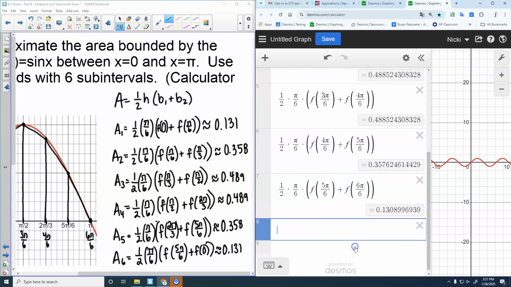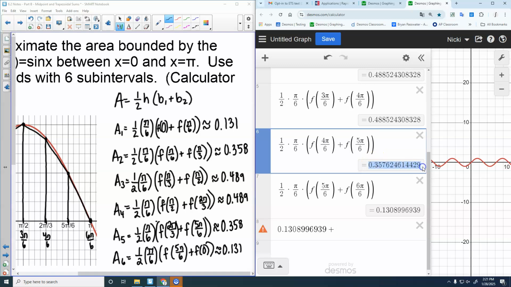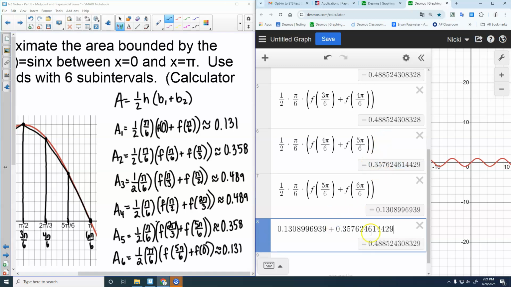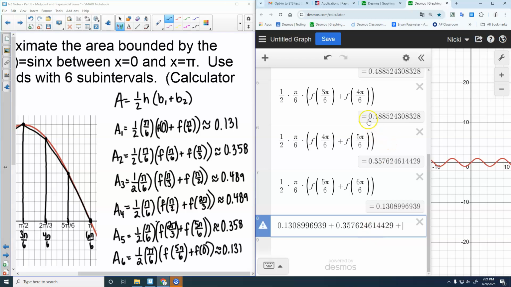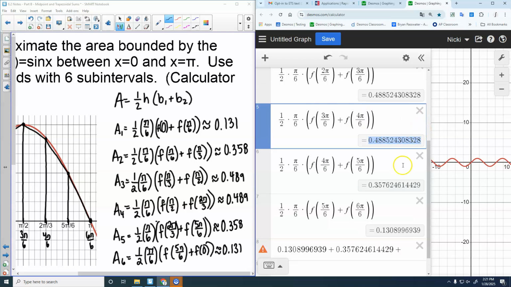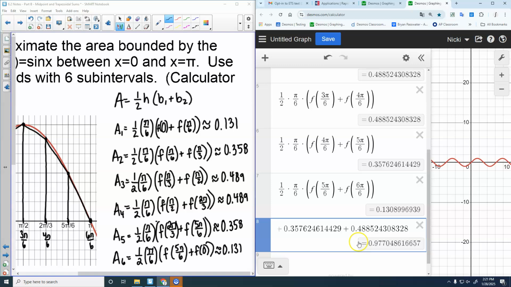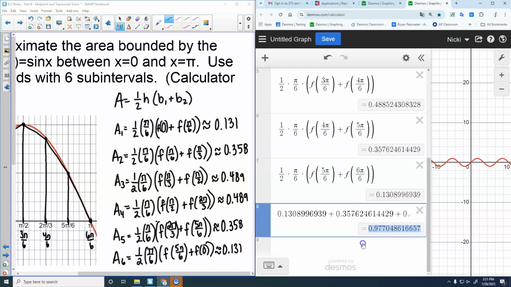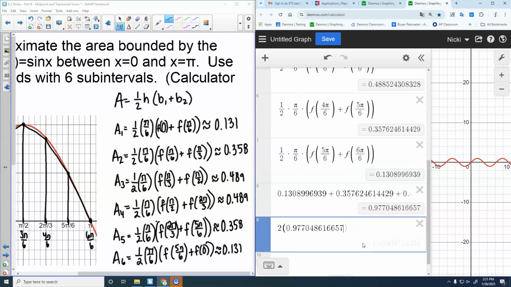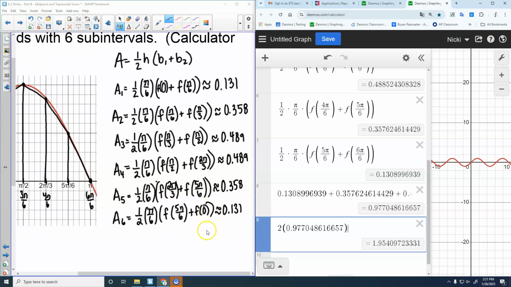So I've got this number plus this number plus this number, and then I could just take that and multiply it by 2. If you add all of those together, we should get 1.954.